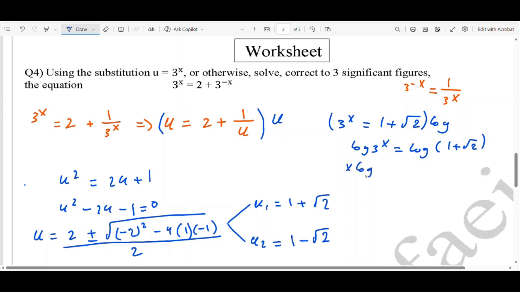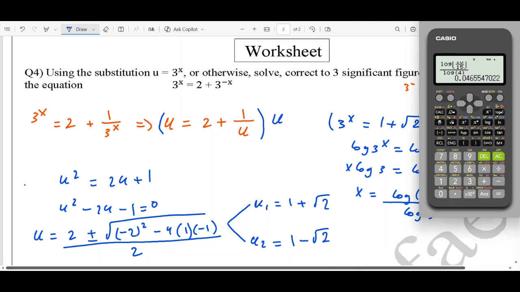X log 3 equals log 1 plus root 2. X equals log 1 plus root 2 over log 3.